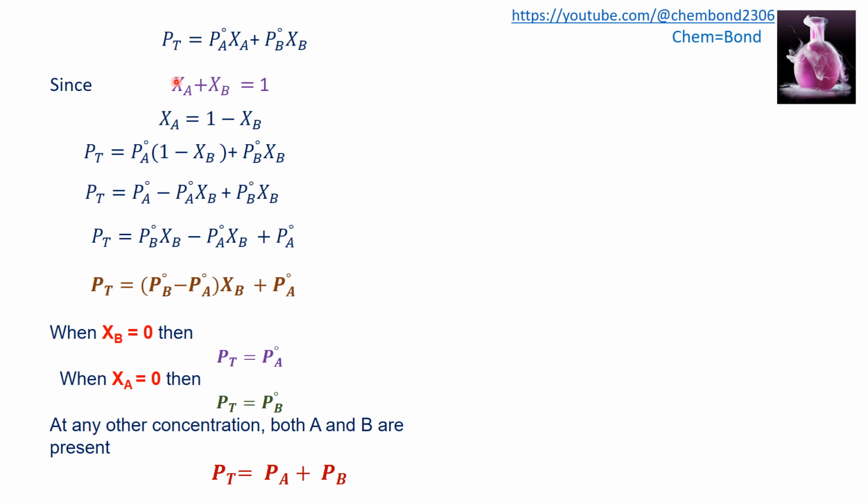And we know that the sum of the mole fractions of all the components in a solution is equal to 1. Here two components are present, XA and XB, so their sum is equal to 1.